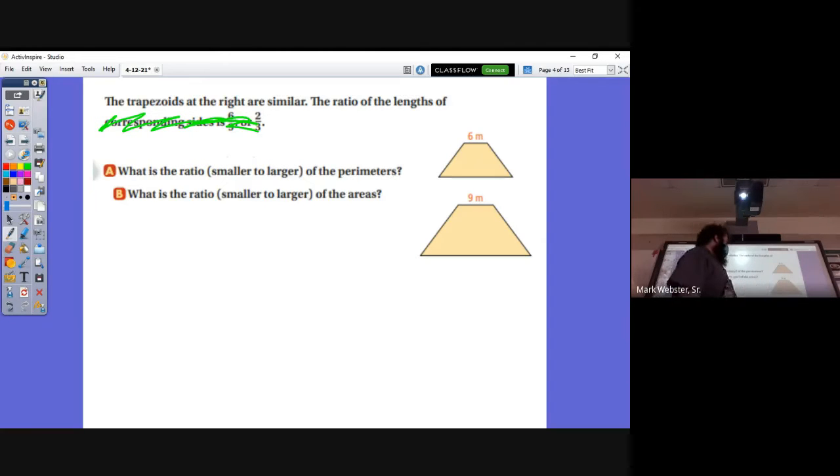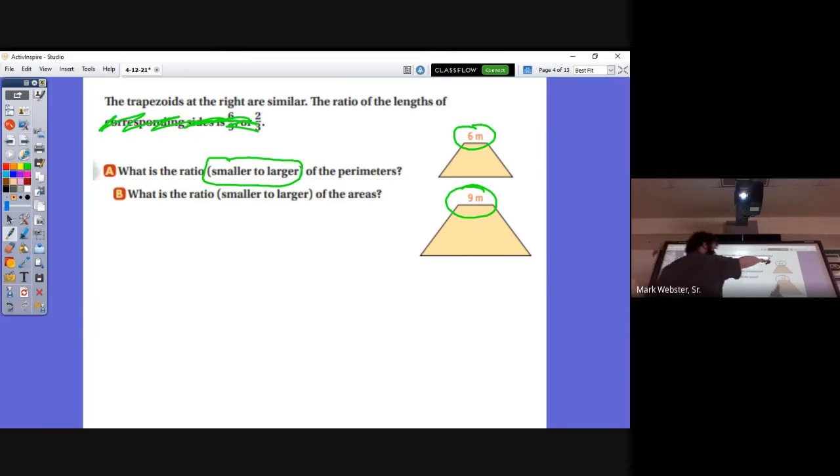But like if you see, hey, this side is 6, this side is 9, ta-da, that same information is right there. So look at what they say. The trapezoids at the right are similar. And then what we want to know is, what's the ratio of the perimeters? What's the ratio of the areas? So they specifically tell you, hey, make it smaller to larger. That just means that the smaller number's on top and the larger number's on bottom, right?